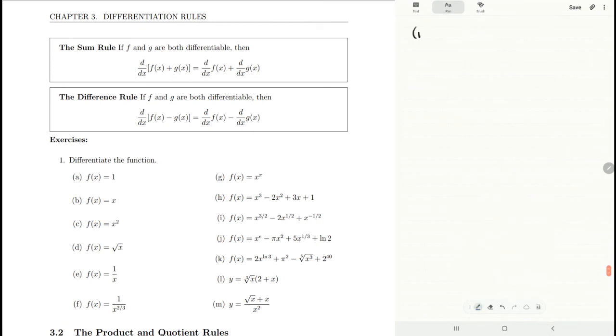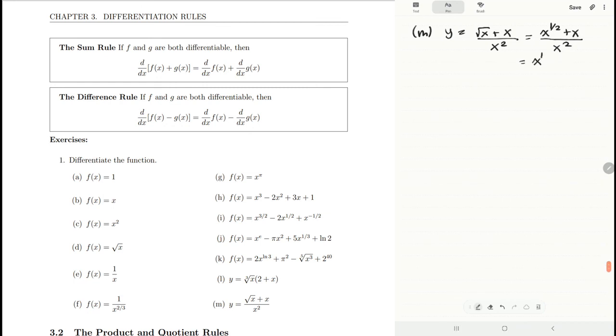And for the last example, we have y is the root of x plus x all over x squared. So let's first rewrite our square root of x. This is x to the 1/2 plus x all over x squared. And now let's simplify this fraction. So let's split it up into two fractions.